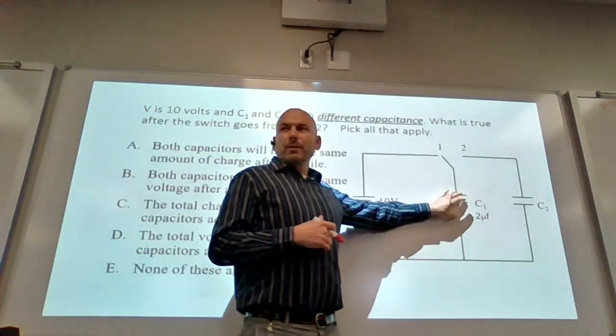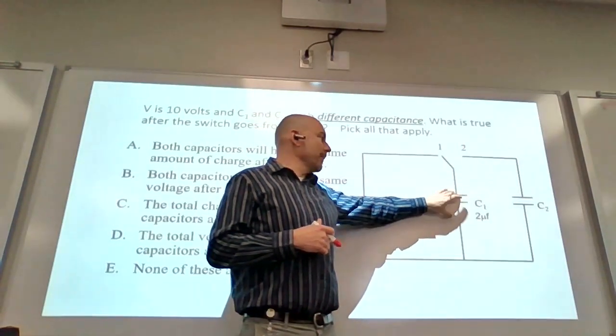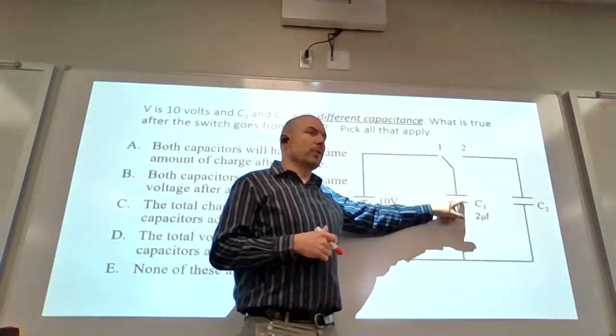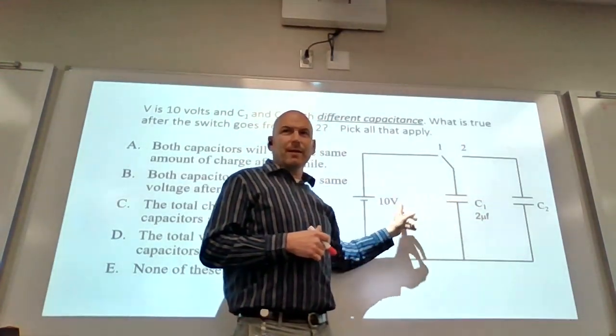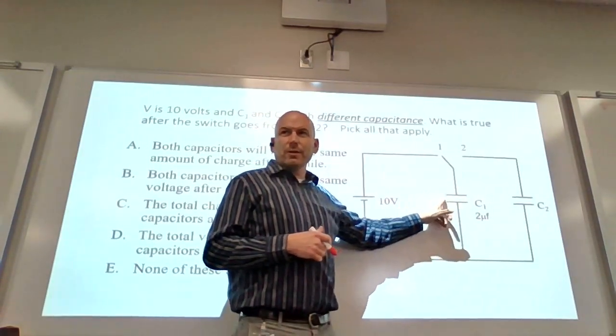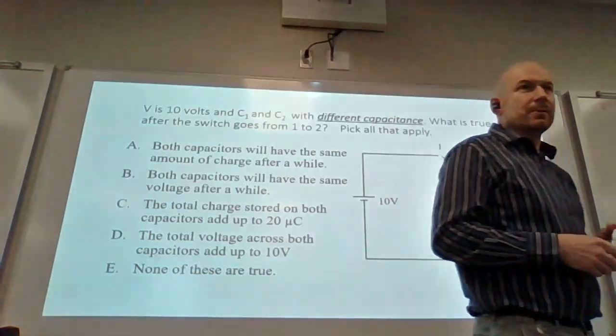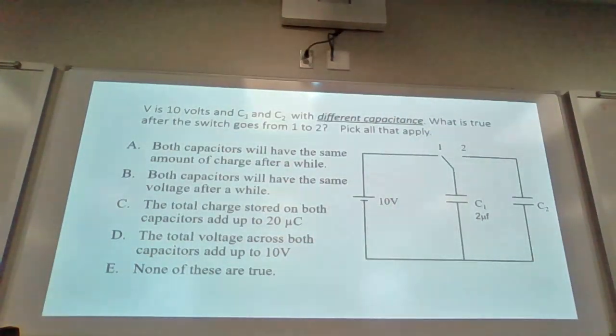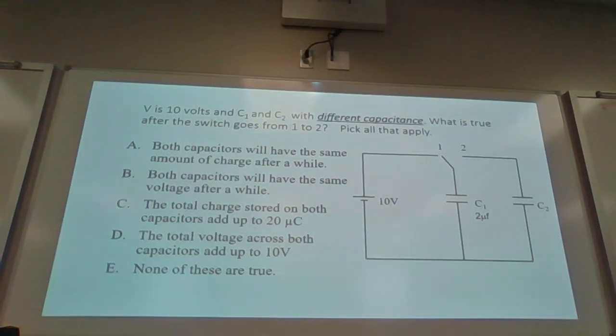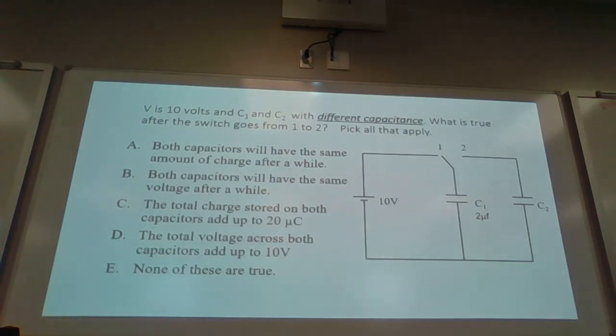When you're using a capacitor to charge another, this voltage doesn't stay 10 volts. As charge leaves this, the voltage decreases. So you can't say it's series or it's parallel. It doesn't work anymore.